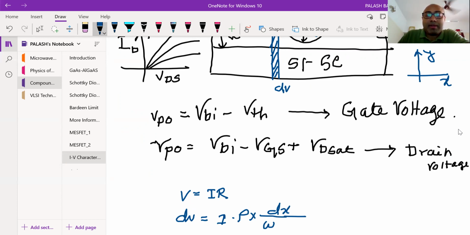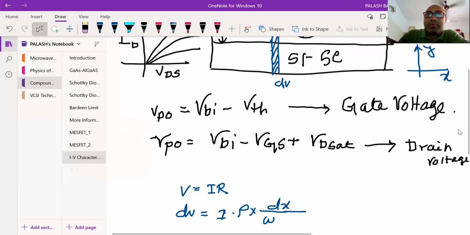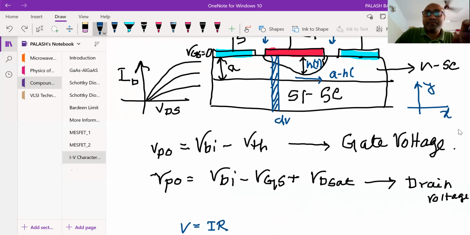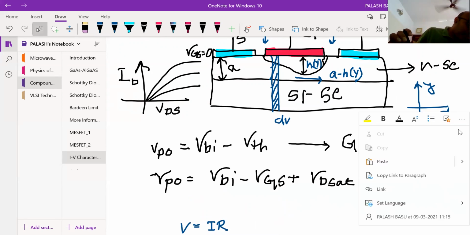And you know how the current is flowing? Current is flowing between here to here, through the open portion over here. And what is this zone? A minus H(Y). Through the A minus H(Y), my current is flowing.